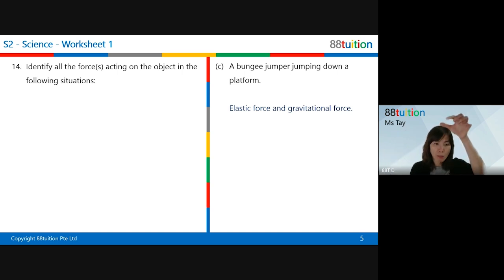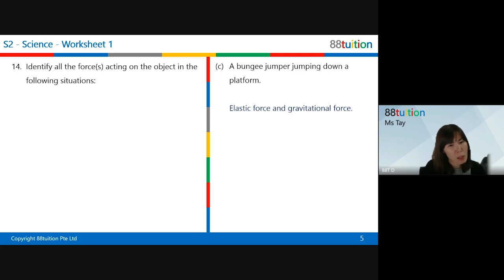So when the bungee jumper actually falls all the way down, have you all seen videos like that before? When he reaches the bottom, he will go boing and come out a little bit and then down again. Okay, it's like the rope actually caused him to bounce a little bit up and down. Correct? The rope straps onto him so that the jumper won't fall.